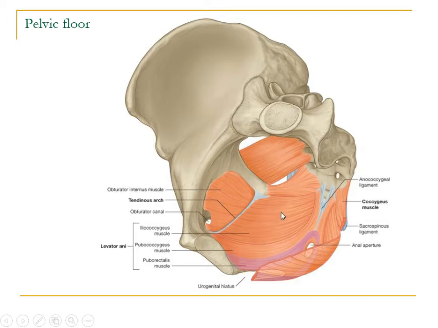The pelvic outlet is guarded by the levator ani muscle and the coccygeus muscle. Levator ani along with coccygeus is known as the pelvic diaphragm, a hammock-like structure that supports the pelvic viscera, and it has openings for the passage of the pelvic viscera to the exterior.